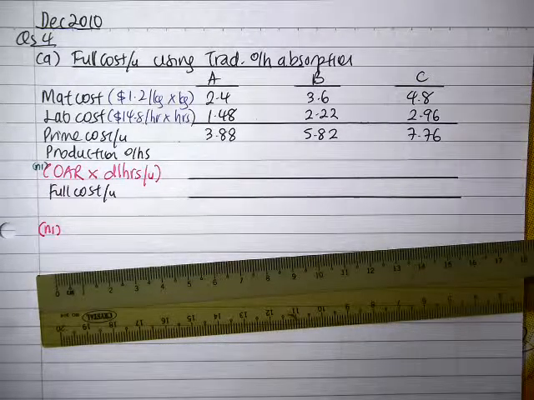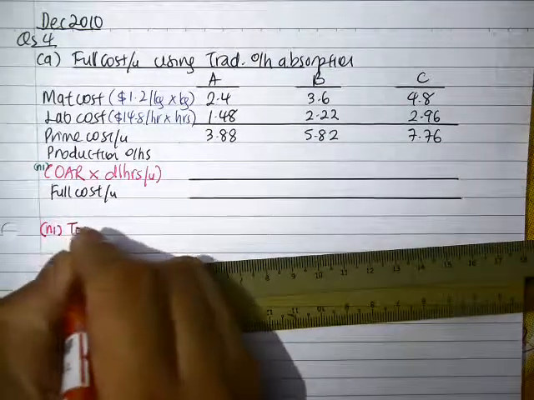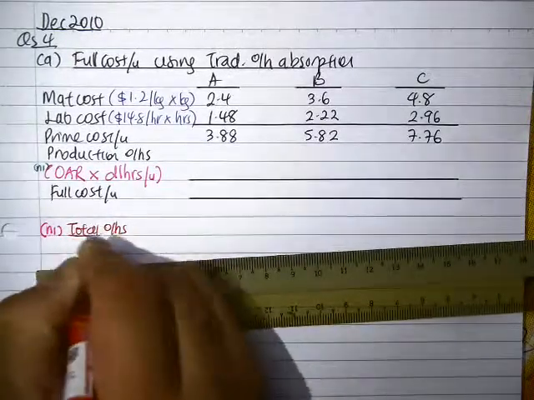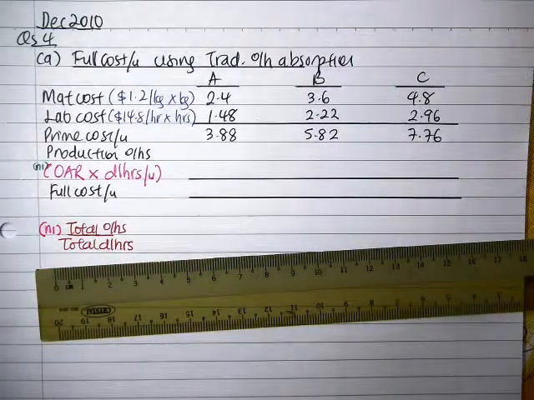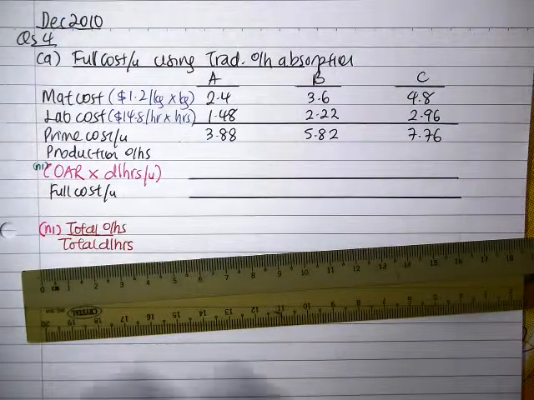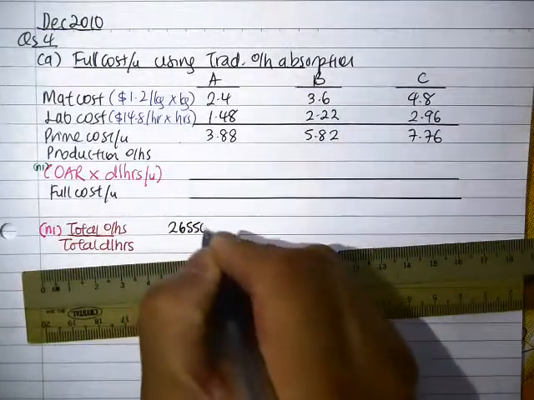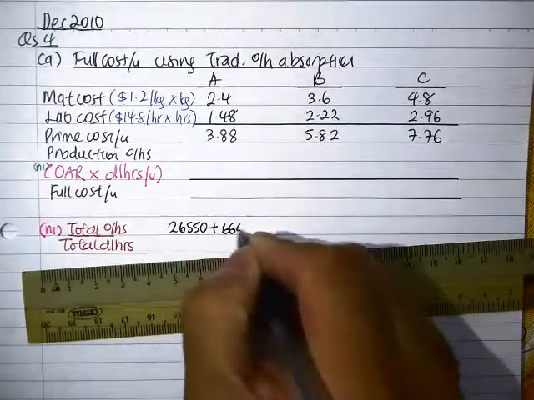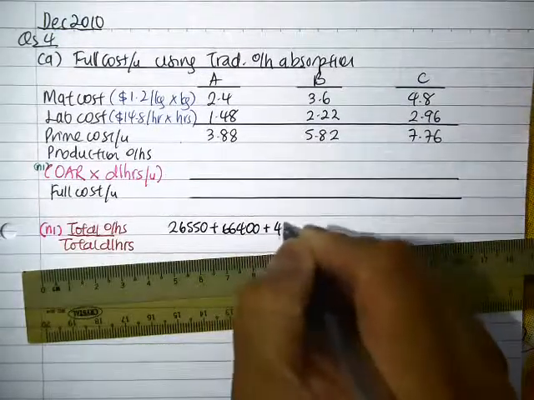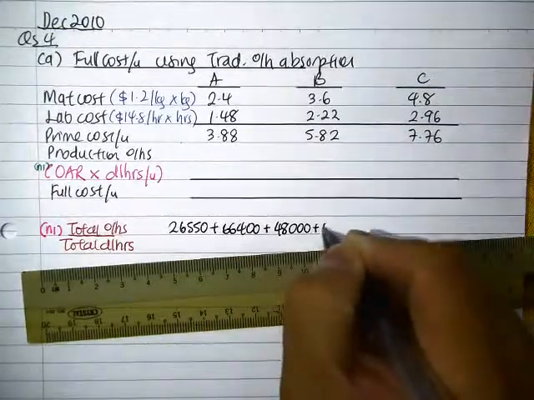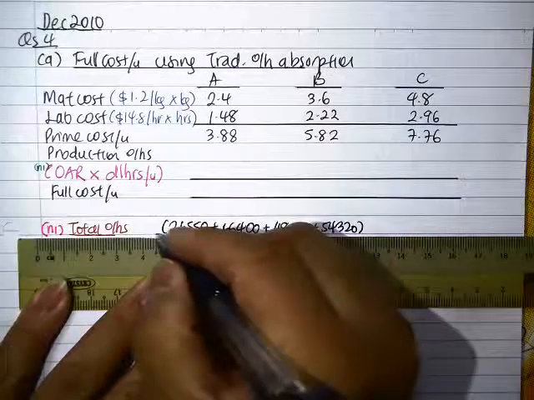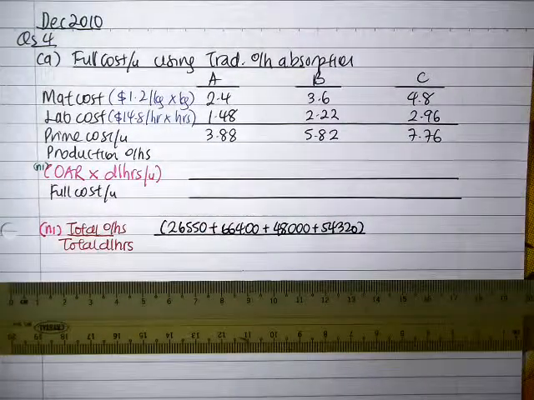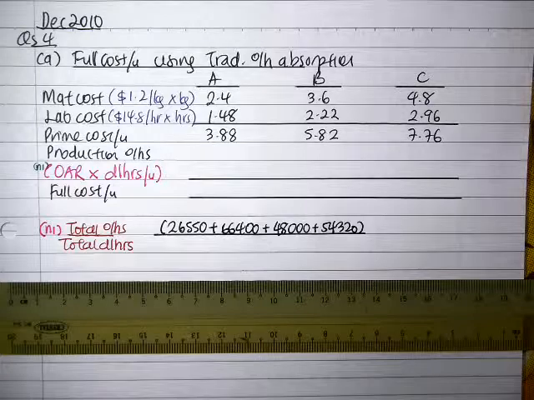So you're going to use your traditional overhead, right? That means you're going to take total overhead divided by the total direct labor hour. Am I right? So your total overheads will be the ones you see. So 26,550, 66,000, 48,000, then 54,320. That's your overhead. And what's your total labor hours? You've got to calculate on your own, right?